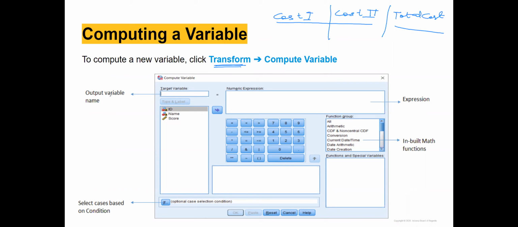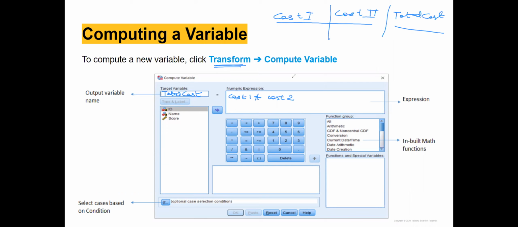Now you select output the variable name. So you select the variable name you want. So I said total cost. So you can just type total cost here, and you can enter the numeric expression you want. So for our example, it would have been cost one plus cost two. You can just type this cost one plus cost two, and you can just click on OK.